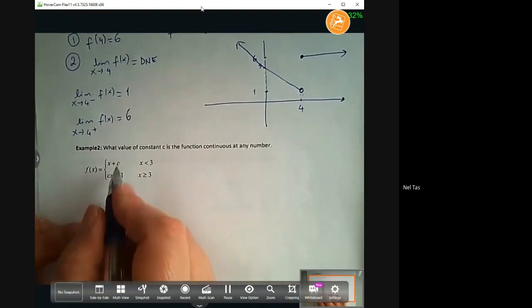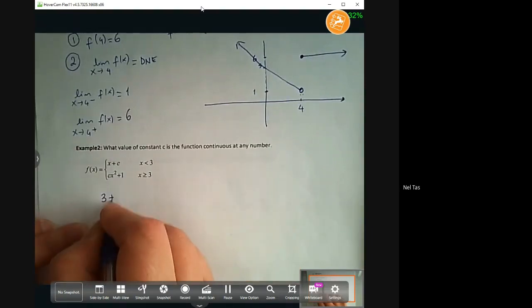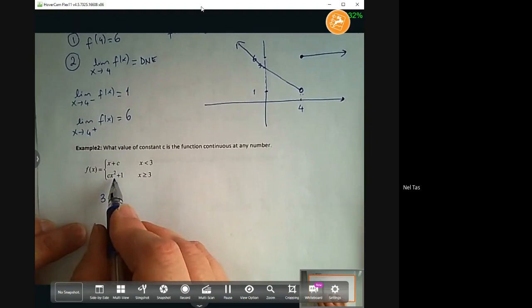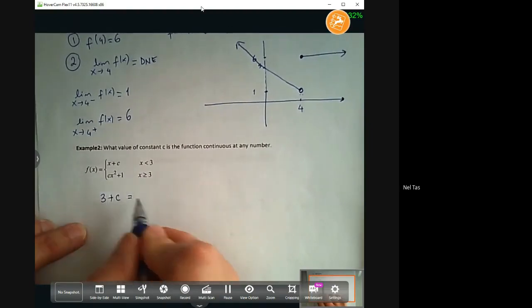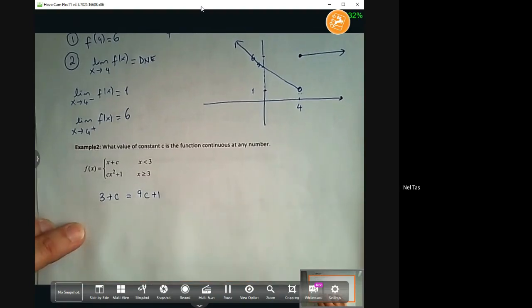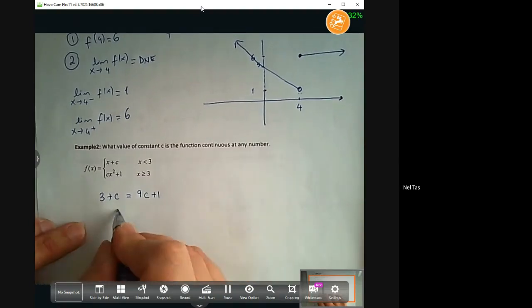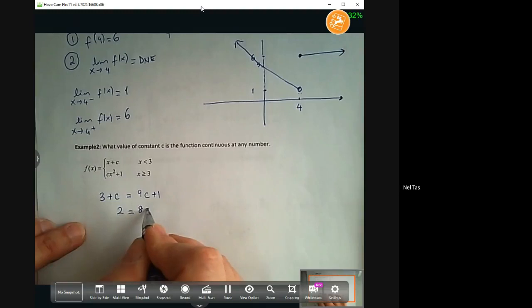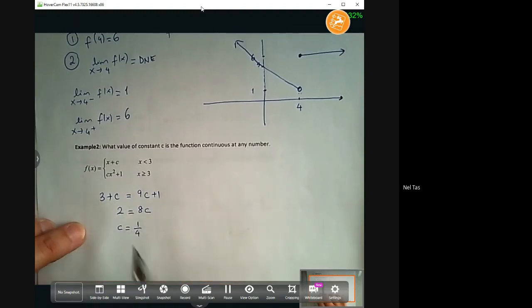So substitute 3 here: 3 plus c. Substitute 3 for x here: you get 9c plus 1. So that gives you 2 equals 8c, and c is 1 over 4.